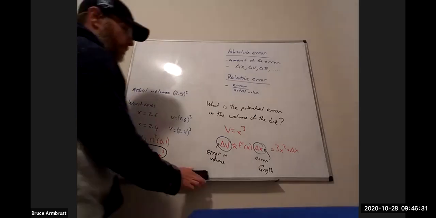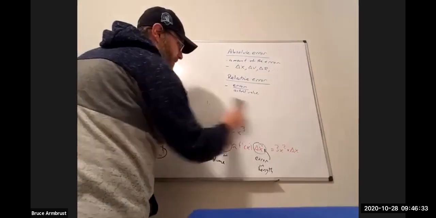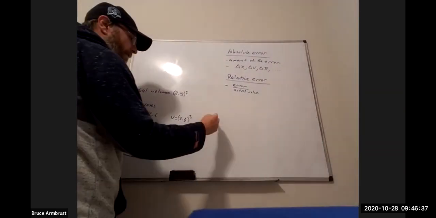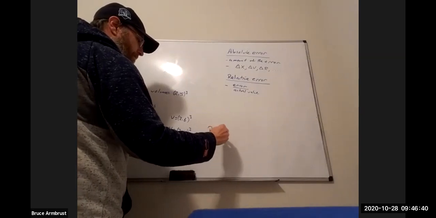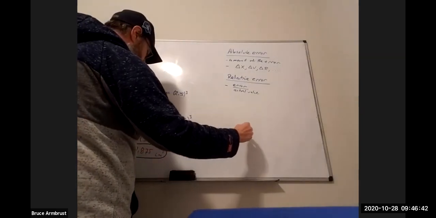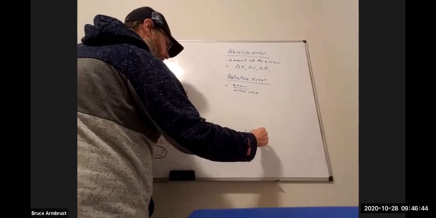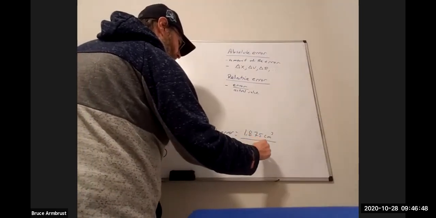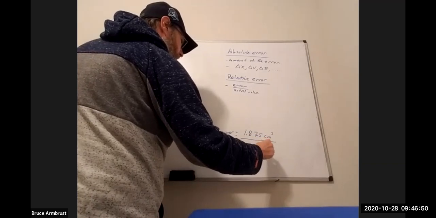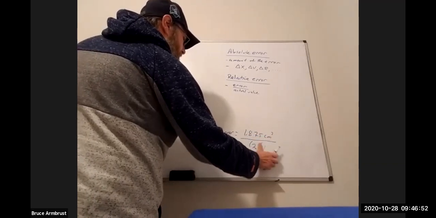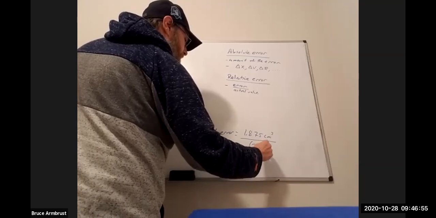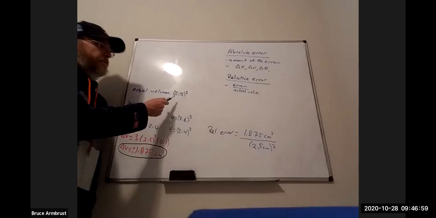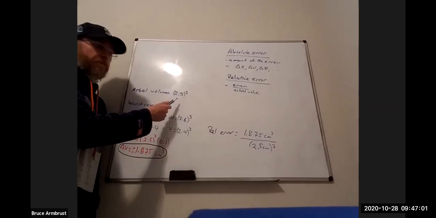In this case, to find the relative error, it's going to be 1.875 cubic centimeters divided by 2.5 cubed, because remember, that was what the actual volume should have been.